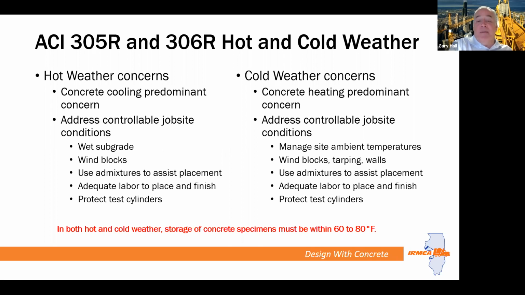This would include preheating possibly of the ground. We don't want to pour on frozen ground. Then including the use of wind blocks, tarps, etc. And then again, we have admixtures to assist with maintaining set times under those conditions as well. And a recurring theme too is, in addition to protecting the concrete, we have to protect the cylinders that represent the concrete as well. Next slide.